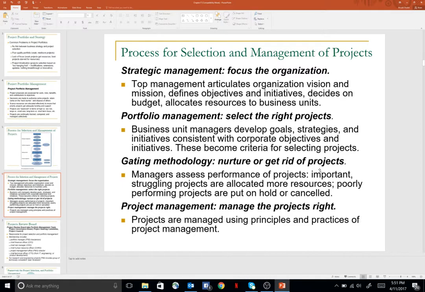And then the gating methodology is understanding whether or not we need to add additional resources to current projects, or if those projects should continue at all. So we need to make that final assessment. And then obviously all the techniques that we've covered in class this semester, regardless of which project they have been assigned, we need to incorporate all the areas of the system life cycle for a successful outcome.